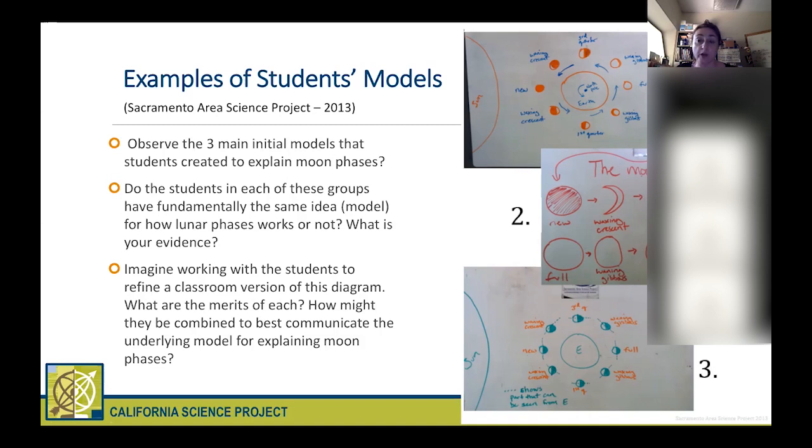So for example, one of the things that you might notice is that in every one of the diagrams, there are 8 moons, and all those moons are different. Right. So another big idea that comes out from this observation is that student number 2, for instance, does not make visible in this diagram the role of the sun in this relationship.